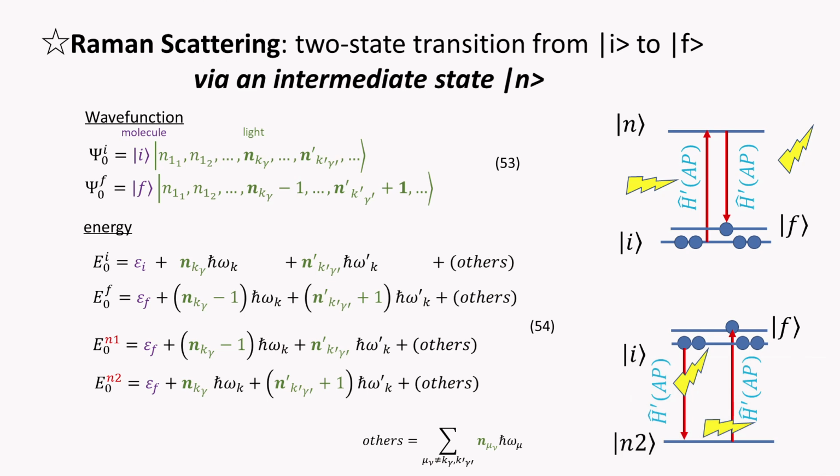Actually, it's difficult to consider an energy state lower than the initial state. So this is a mathematical possibility. But anyway, we need to consider both possibilities when we consider the formulation.